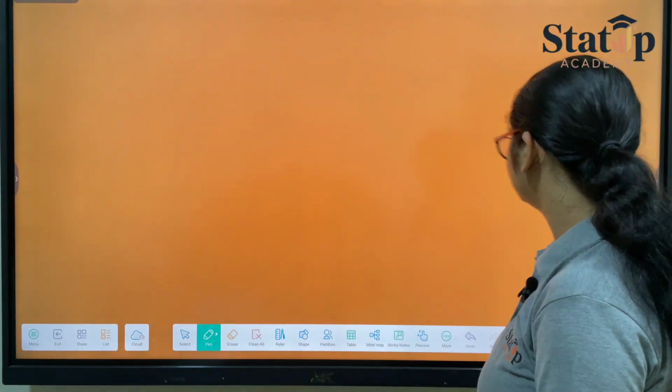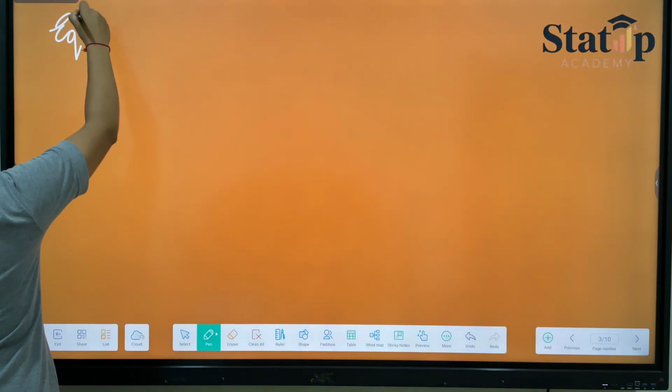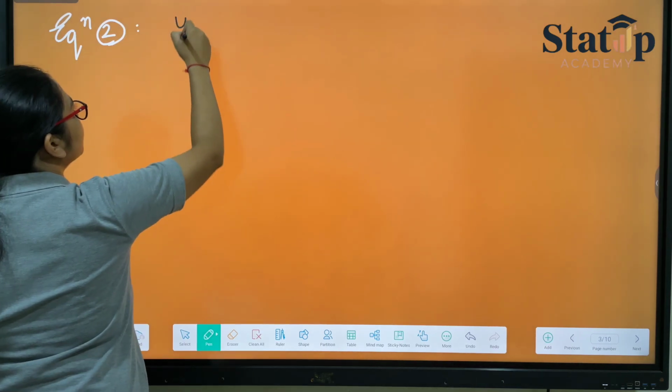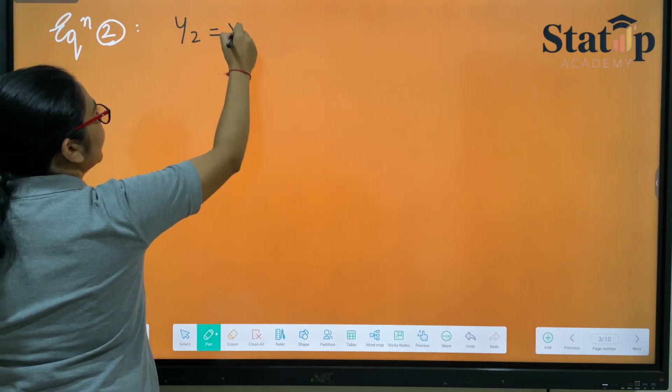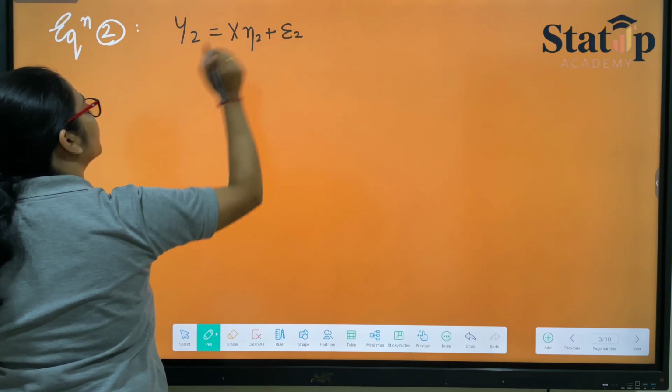Similarly, for equation 2, we consider y2 equals x eta 2 plus epsilon 2.